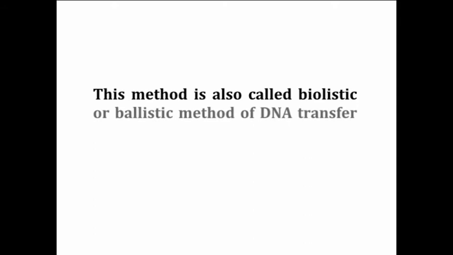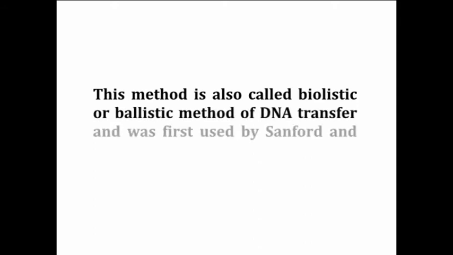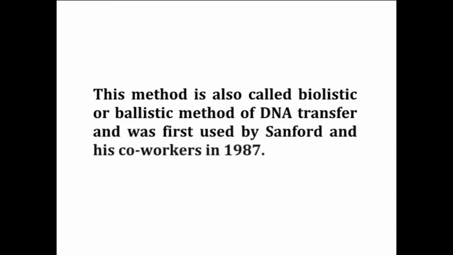The introduction of DNA into organized morphogenic tissues such as seeds, embryos, and meristems by the biolistic method has made successful the transformation of several useful crops like soybean, wheat, rice, and maize. This method is also called the biolistic or ballistic method of DNA transfer and was first used by Sanford and his co-workers in 1987.